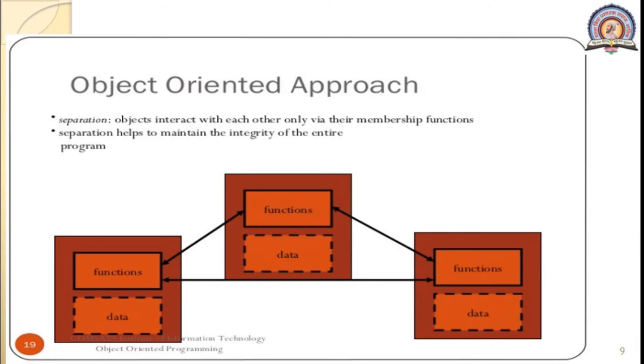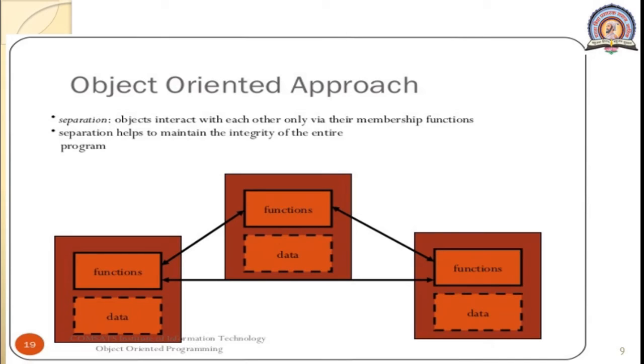So the object oriented approach is nothing but a combination of data and functions that are gathered together and are not visible outside the class. Only respective objects could have access to respective data and their functions. So there is a separation: objects interact with each other only via their member functions.